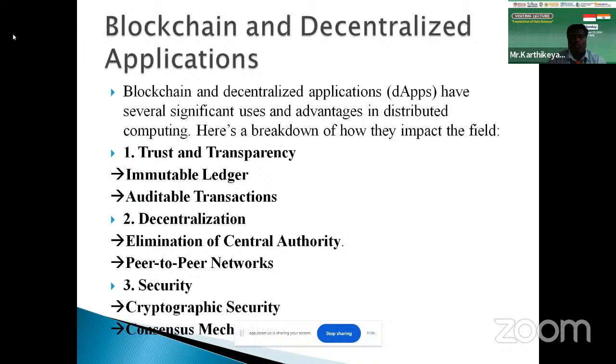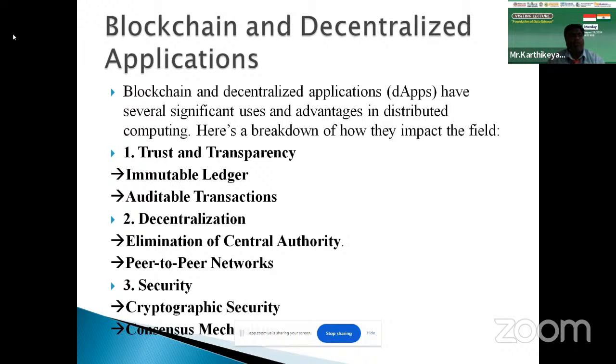And third one, security. This security has cryptographic security and consensus mechanism. This cryptographic security is nothing but the blockchain uses cryptographic techniques to secure the data.